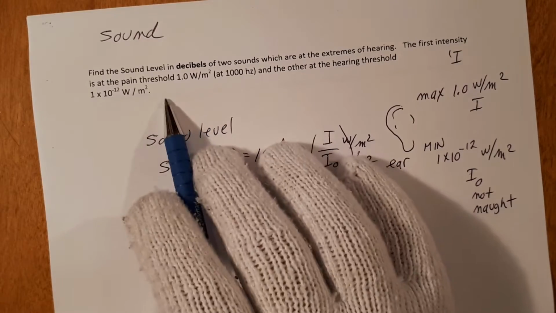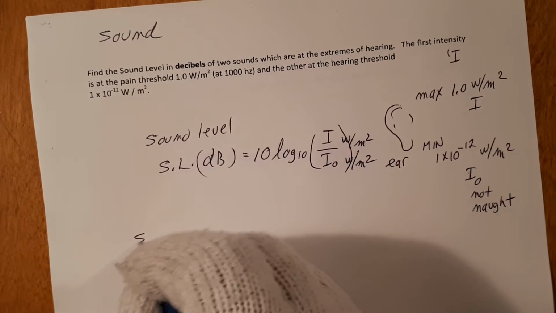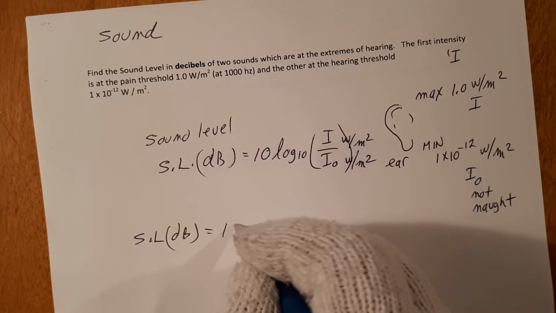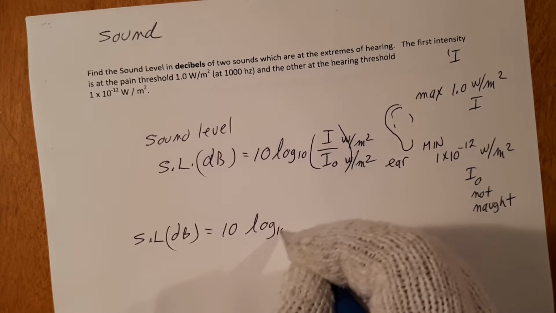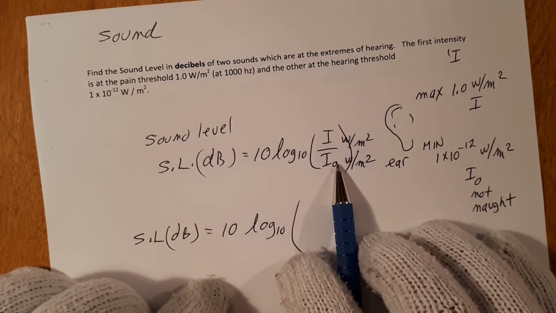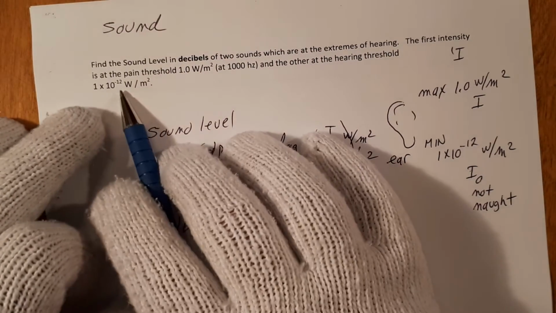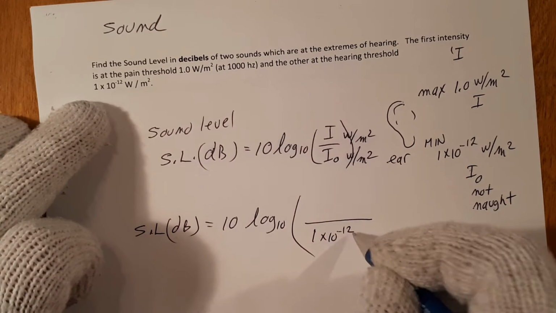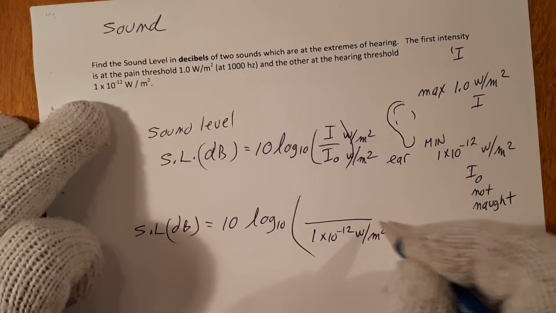Having said that, let's decipher this word problem. So we have here sound level in decibels is equal to 10 times the log base 10 of the threshold of hearing, I naught, which is 10 to the minus 12 watts per square meter.